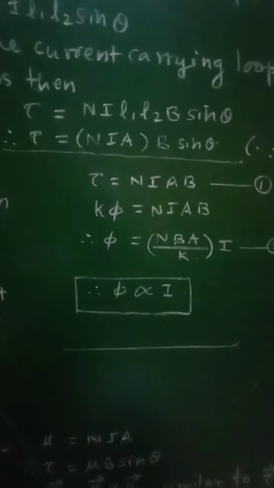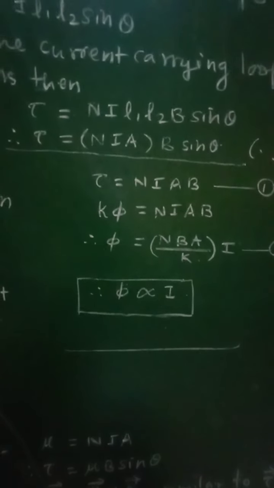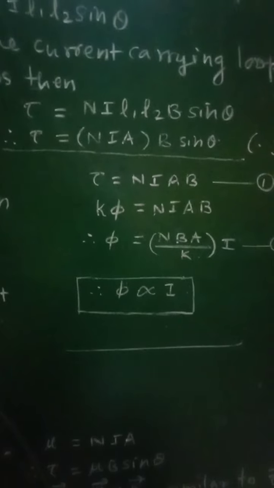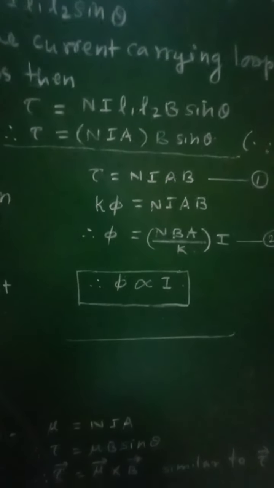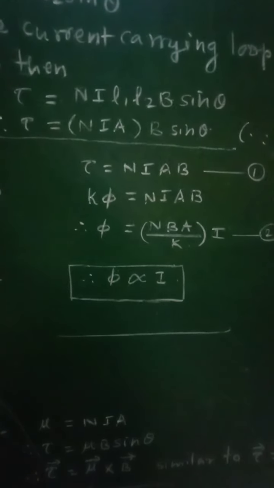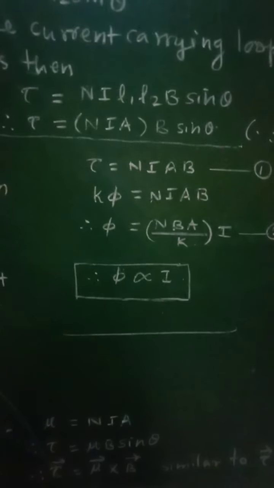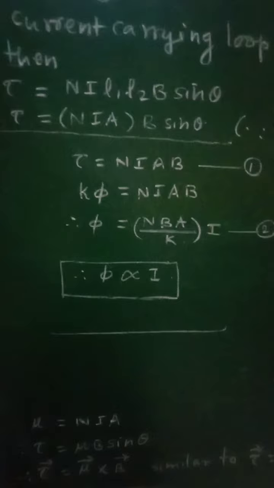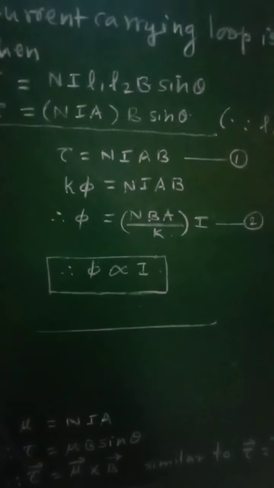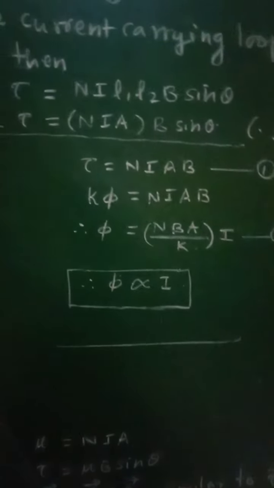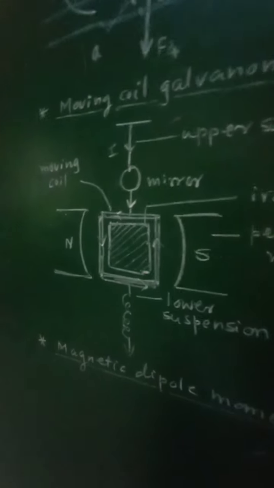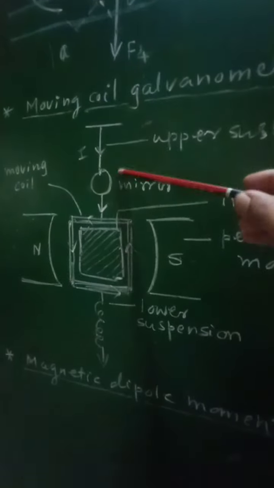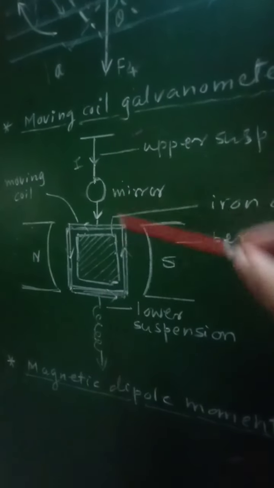Now that torque will be given as NIAB. Previously we have seen that torque is equal to NIAB. Here sin theta will be equal to sin 90, that is equal to 1, and therefore the maximum torque will be equal to NIAB. Now when the coil gets rotated, at that time the suspension fiber will get twisted.